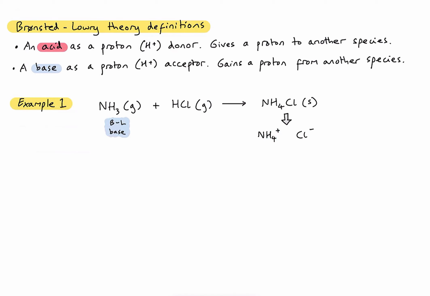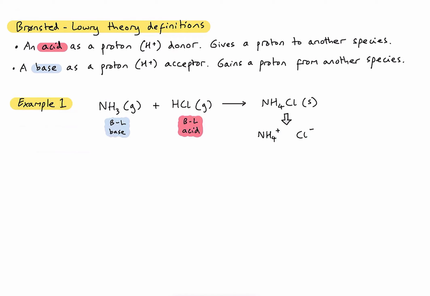So that must mean that my other reactant, which is the hydrogen chloride here, must have donated an H+. How do I know that? Well, if I look at what's produced on the right, I've got just a chloride ion, which has obviously lost an H+. Therefore, I can define the HCl in this case as a Brønsted-Lowry acid.